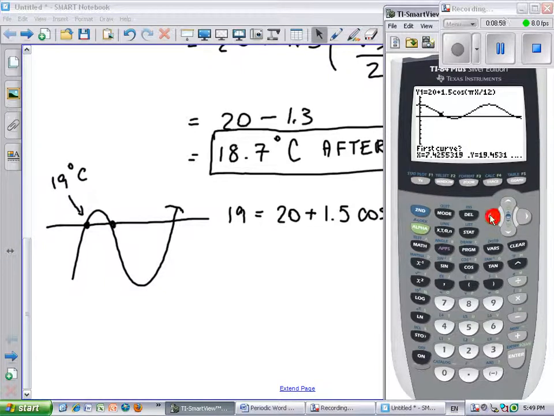Now I take this cursor on the other curve to the right of that point of intersection, somewhere around here. Press enter twice in a row. And I have that point of intersection as 15.2 time units where the temperature of the house reaches 19. So I'm going to take that and include that in my solution.